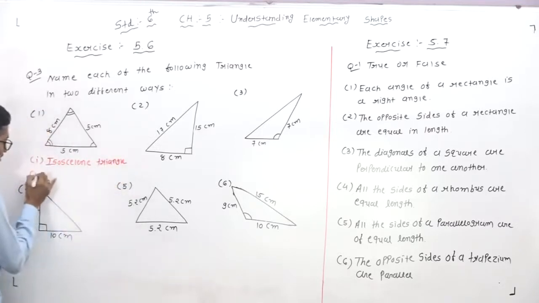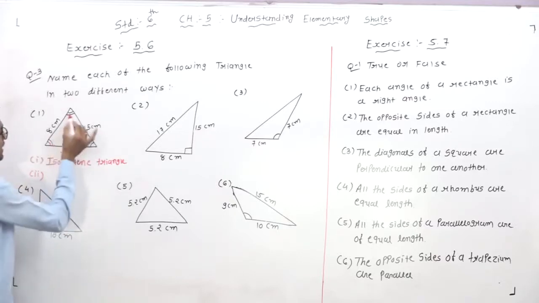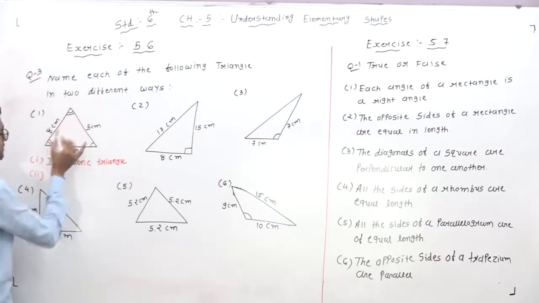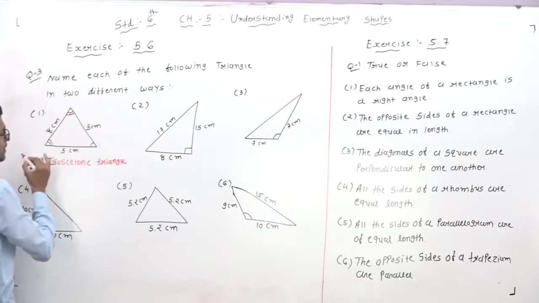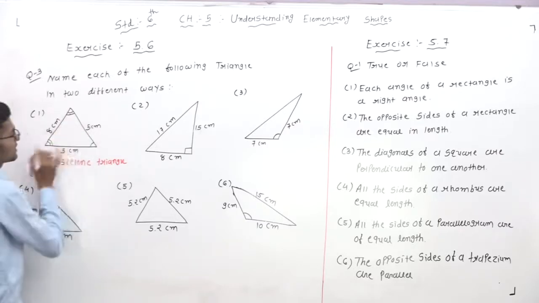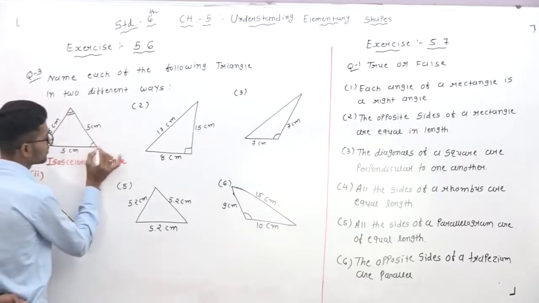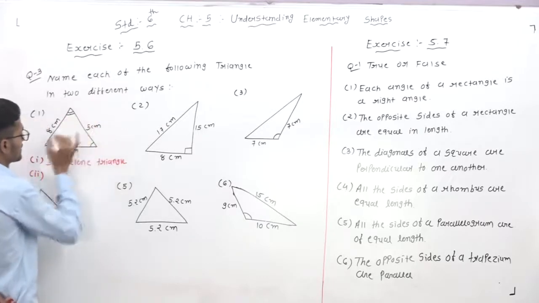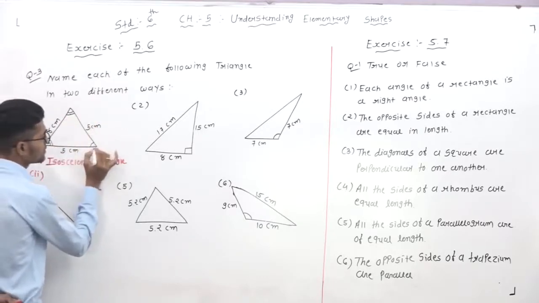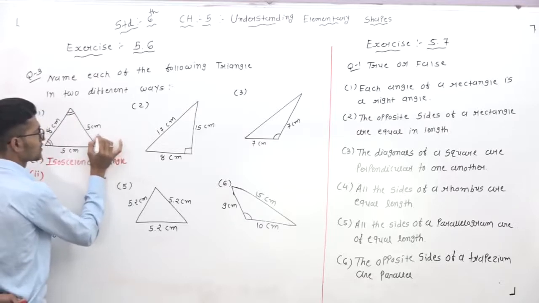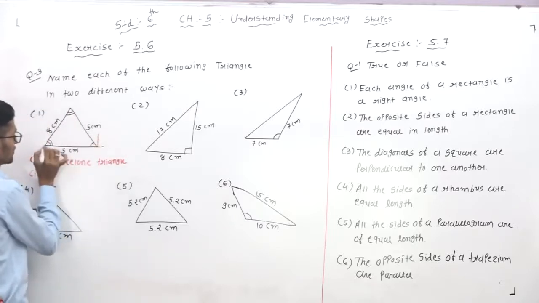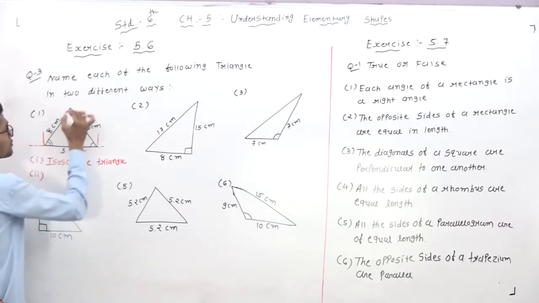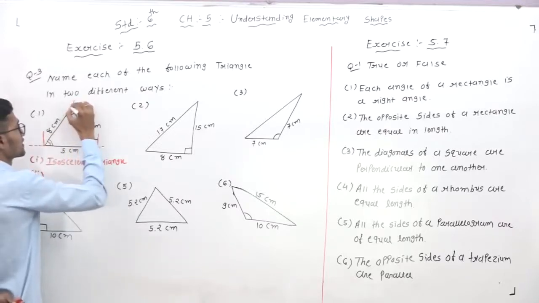Now what is our second way? Now relating to the angles, here two angles are the same. Check the given angles. At each vertex, write down the angle. Each one is less than 90 degrees.